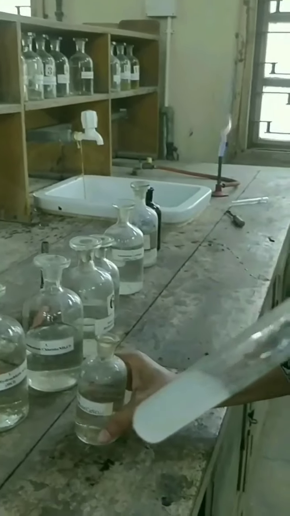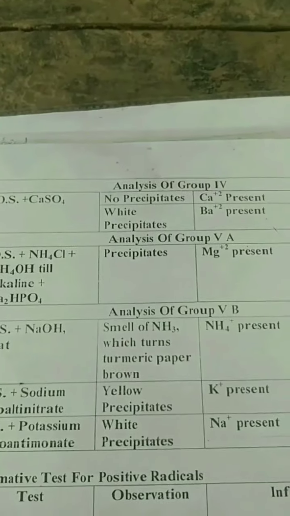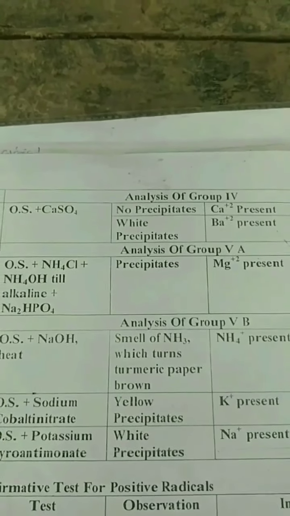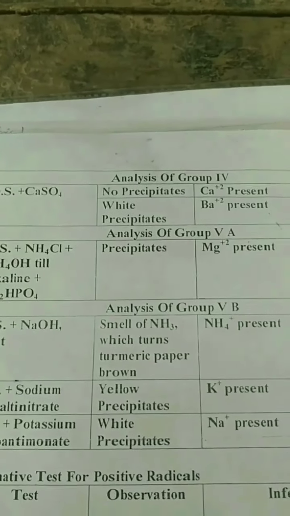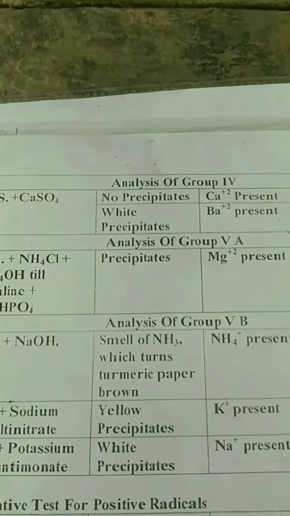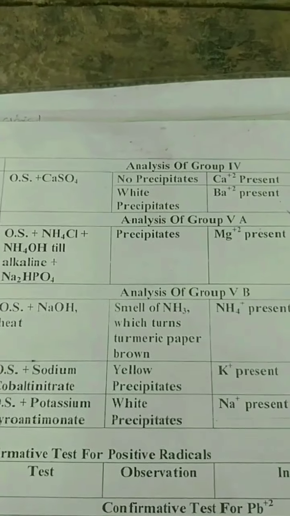So you can see white precipitates. So in the observation, as you can see in the scheme, if you don't get precipitate, then Ca+2 may be present, and if you get white precipitate, then Ba+2 may be present. So today we have found white precipitate, that means Ba+2 may be present in the given solution.